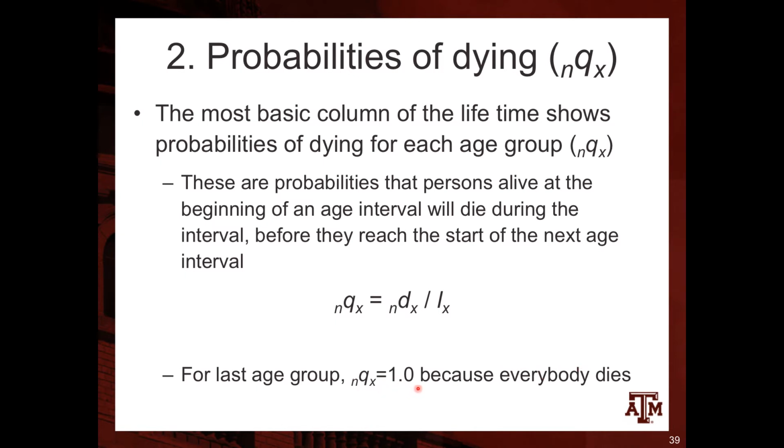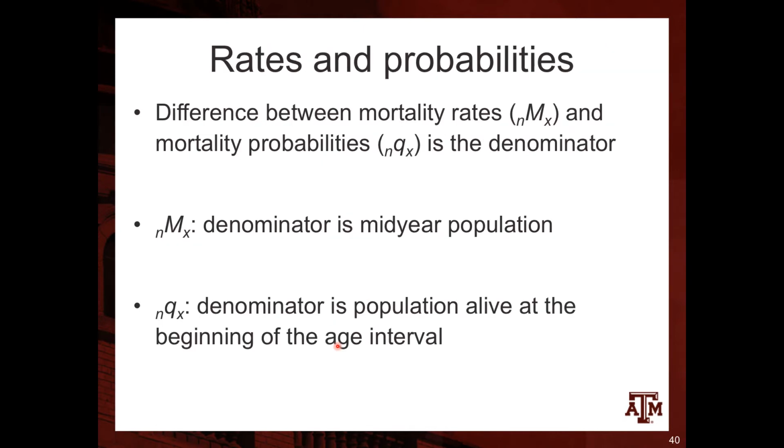And just a little bit of discussion about the difference between probabilities and rates. The difference between mortality rates and mortality probabilities is the denominator. The mortality rate is symbolized by mxn and the mortality probability is qxn. For rates, the denominator is the mid-year population.